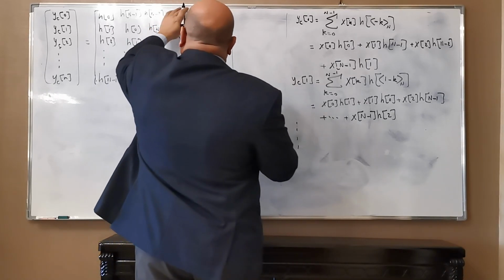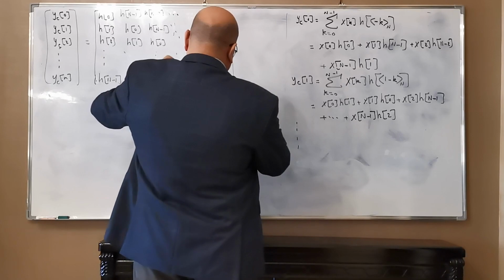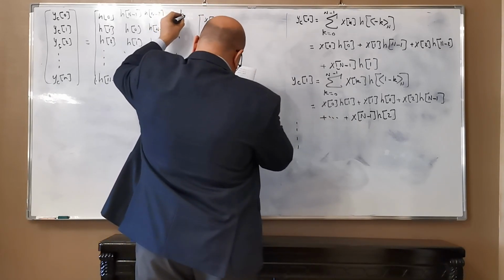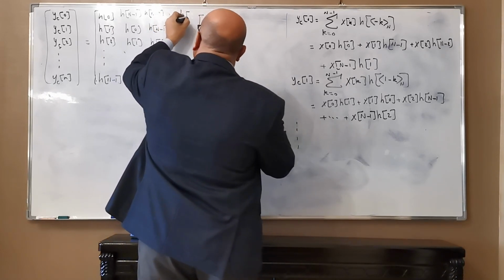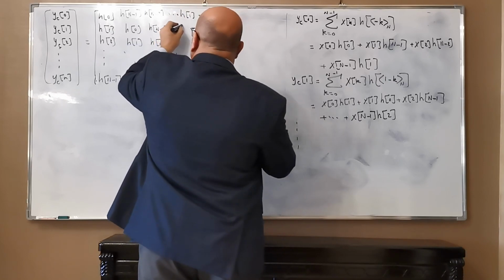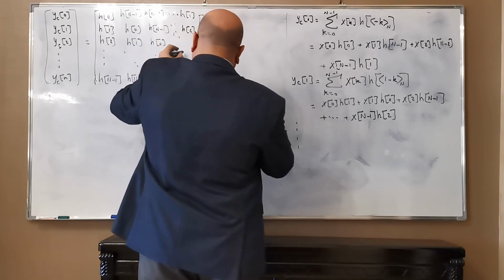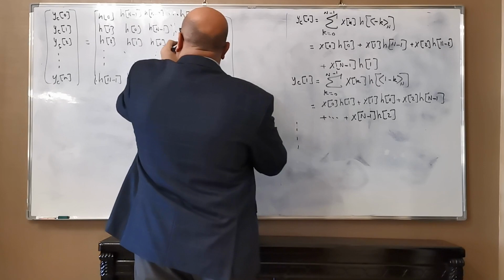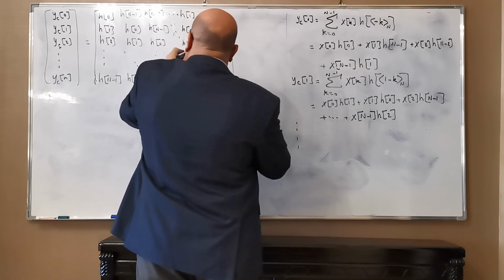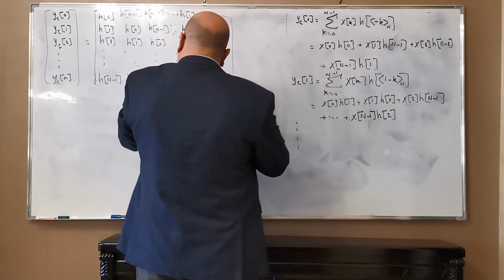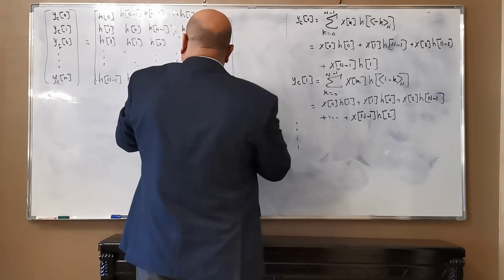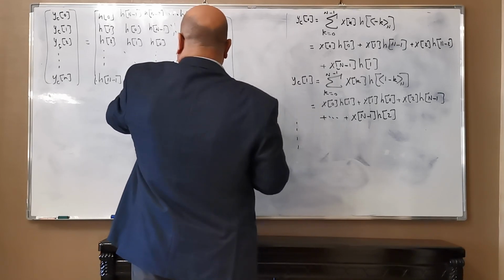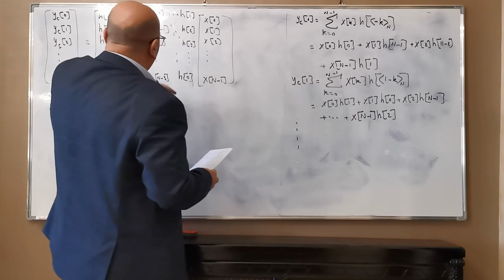The last column will be h of 1, h of 2, h of 3, up to h of 0.